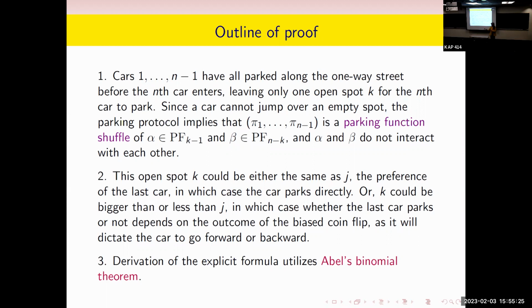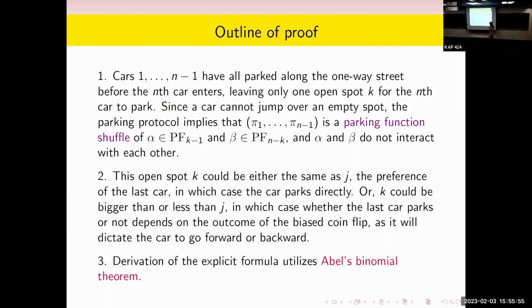So now the last car could either directly prefer k, then it will directly park, or it could prefer a spot before k, then it will need to have probability p so that it will drive forward to park. And then it could prefer a bigger spot than k, and it will drive backward to park. And then you can write down a recurrence relation.